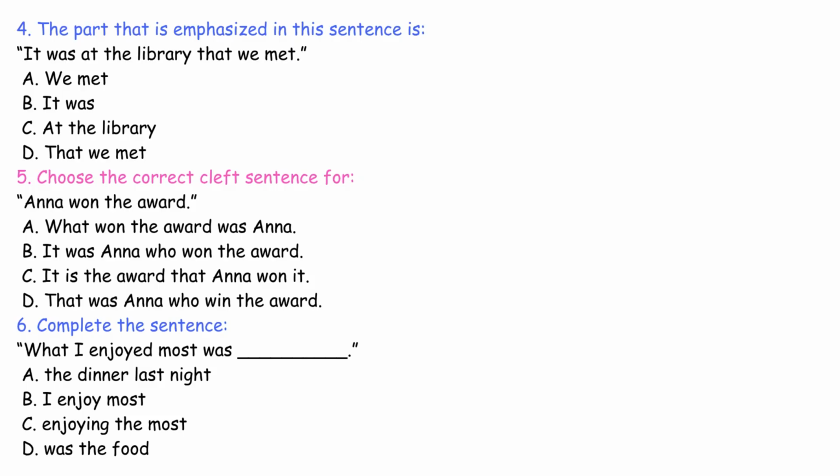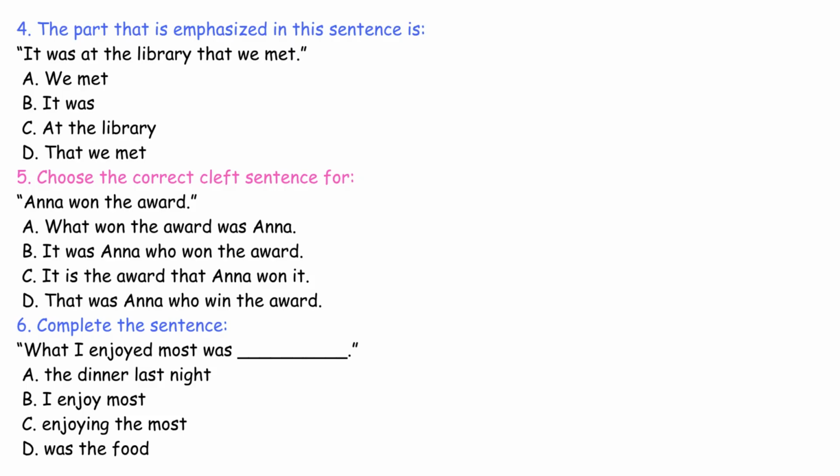Answer. 4. The part that is emphasized in this sentence is: It was at the library that we met. A. We met. B. It was. C. At the library. D. That we met. Answer. 5.